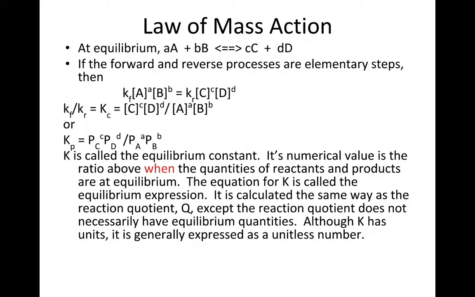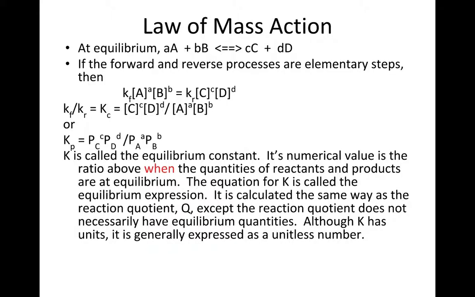Now, the reaction quotient, if you are at equilibrium, which we've been describing this situation to be, is not only equal to Q, it's also equal to K, capital K, the equilibrium constant. In this particular case, since we're using concentration, we've designated our K with a subscript little c for concentration.